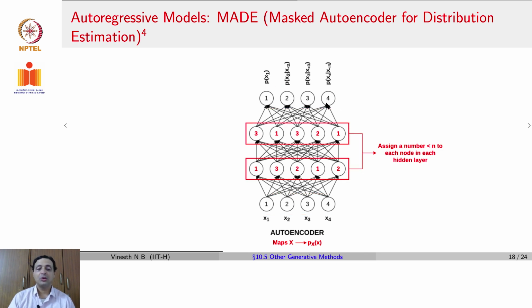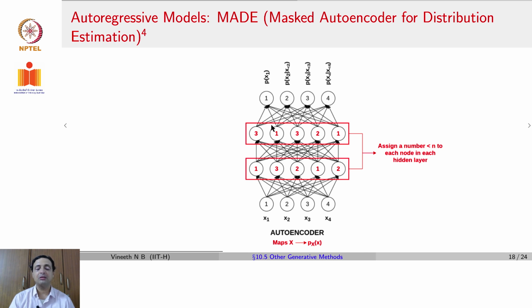Once you do this, you also give an ordering for each hidden layer's nodes. However, each hidden layer's nodes should get an ordering less than n. So for example, in this hidden layer, n is 4, which means each node should get a number 1, 2 or 3. It has to be less than 4.